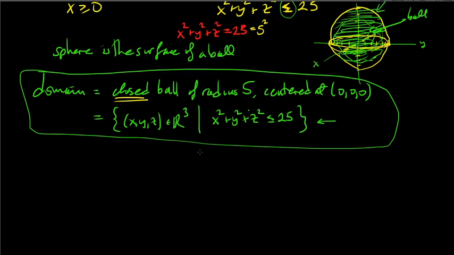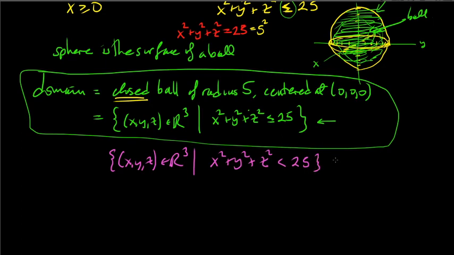If, on the other hand, I just write the set of points x, y, z in space such that x squared plus y squared plus z squared is less than 25, but not equal to 25, this would be an open ball of radius 5.